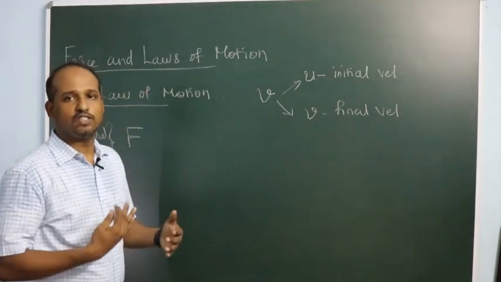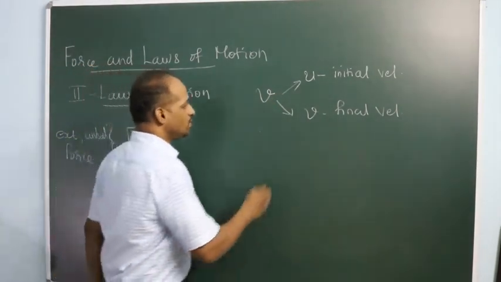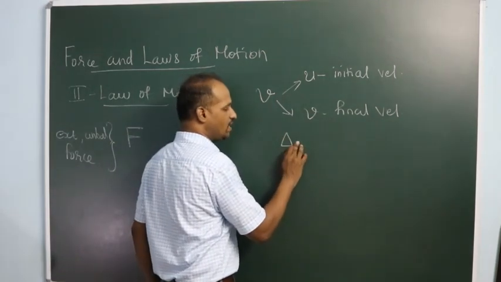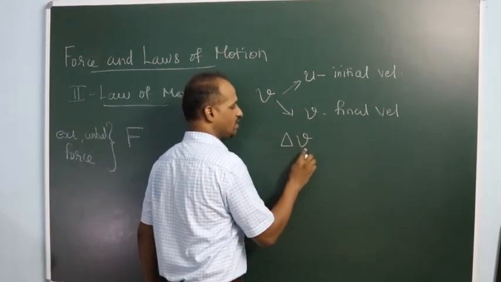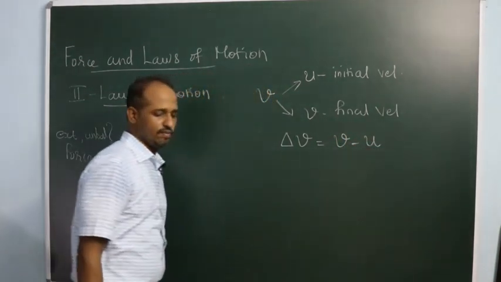The change in velocity means the difference between the final velocity and the initial velocity. Delta stands for change, so the change in velocity means final velocity minus initial velocity.